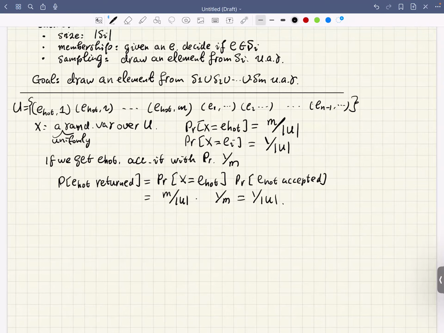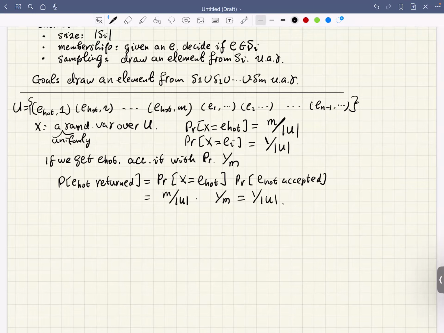So the probability of success is how much? Well, you can see every element gets returned with 1 over U probability, and you succeed when you return an element. All these small successful events are disjoint.